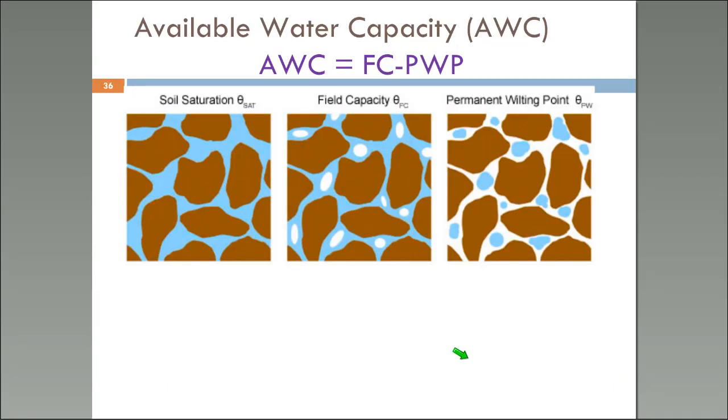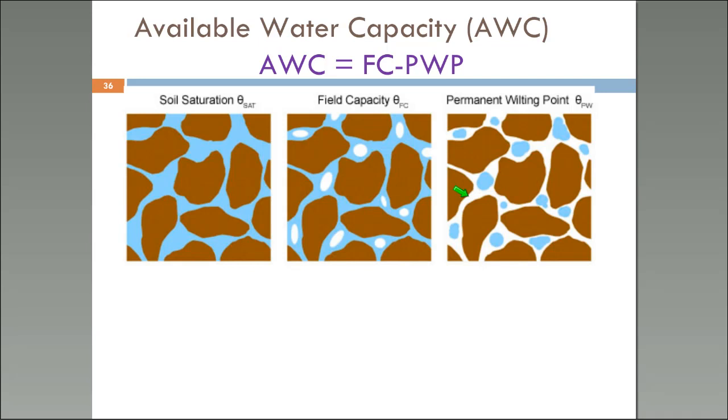So just to reiterate, thinking at the very small scale, when we have a soil that is saturated, all of those pore spaces are filled with this blue water here. After about 24 hours, all of those macropores, or large pores, will drain to what we call field capacity. And then the soil continues to dry.